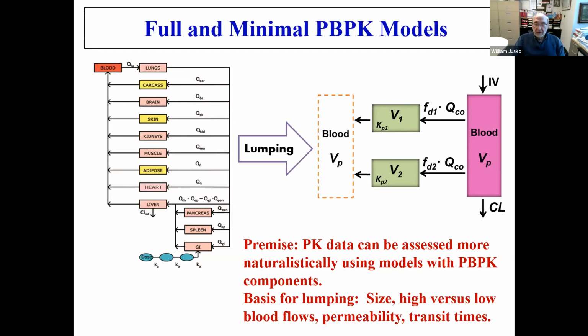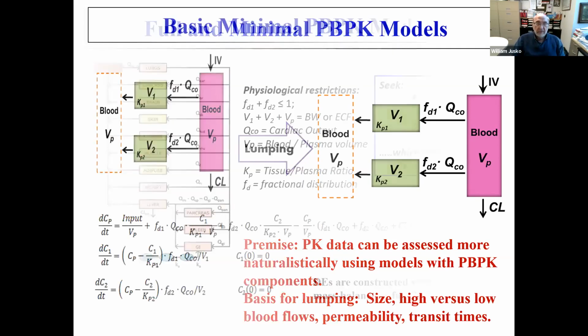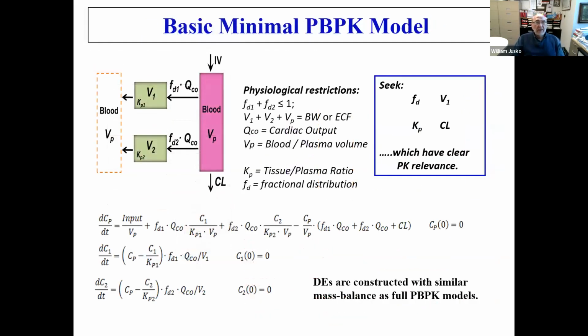There are some additional parameters that I'll show you. So the basic minimal model is shown here, and we have some physiological structures and restrictions. We basically say that the 3 compartments add up to body weight. We put in cardiac output specific for each species.